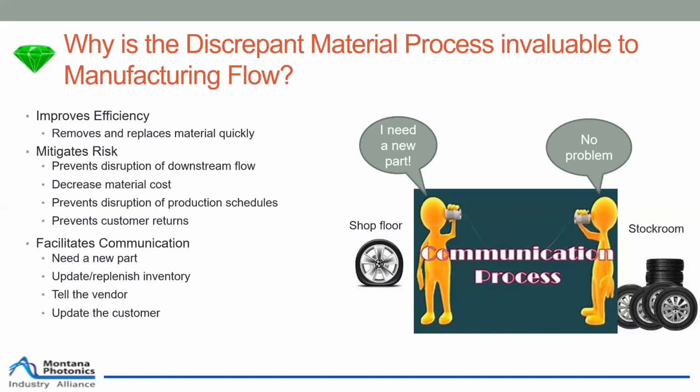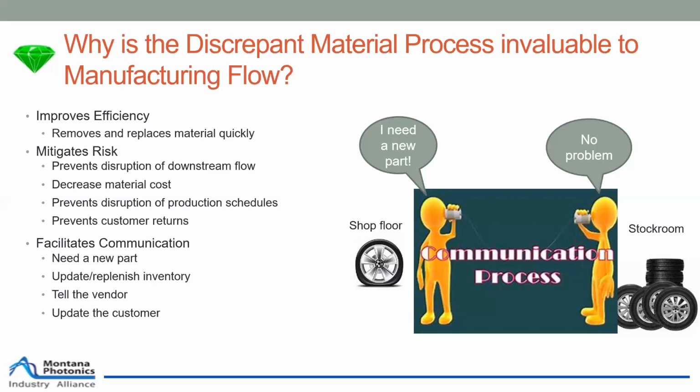The discrepant material process serves as a vehicle for communication that a new part is needed. If the discrepant material is discovered during incoming inspection, then you can use it to communicate to the vendor that there is an issue with their part. If the discrepant material occurs during assembly, then it notifies the stockroom the replacement is needed.